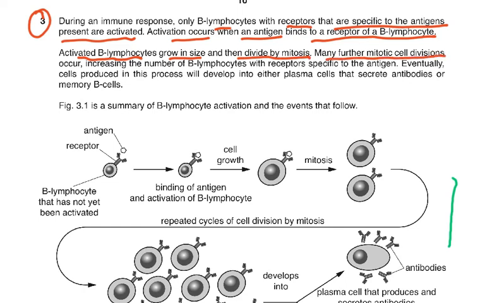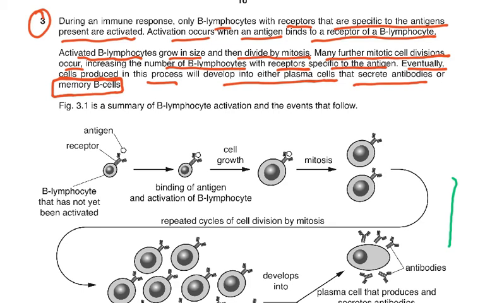Many further mitotic cell divisions occur, increasing the number of B lymphocytes with receptors specific to the antigen. Eventually, cells produced in this process will develop into either plasma cells that secrete antibodies or memory B cells. Again, all this information we know from the AS level.